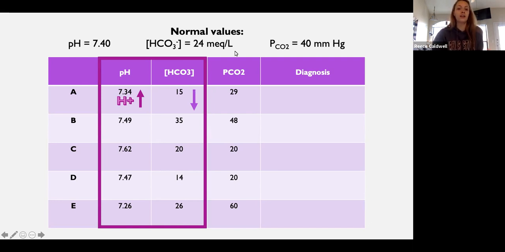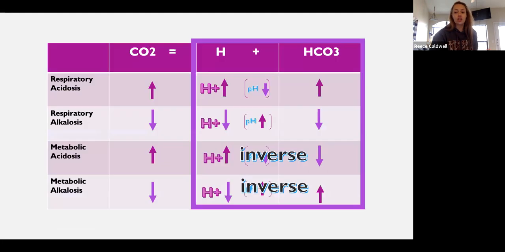You see our normal bicarbonate concentration is 24, and it's less than 24. So that is that inverse relationship, an increase in hydrogen ions, a decrease in bicarb. And what that tells us is we're dealing with metabolic acidosis. So when working through problems like this, I would definitely have this previous chart memorized.